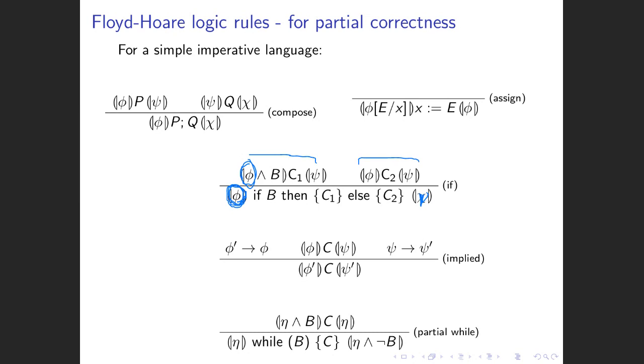Okay, so can we come up with any meaningful example? X might be red at the start, and C1 might mean paint Y blue, and C2 means paint Y blue as well. And then psi is the statement that Y is in fact blue.